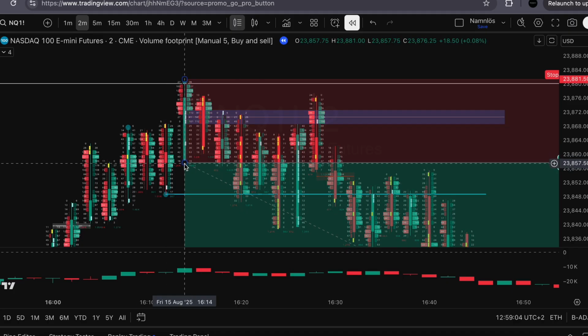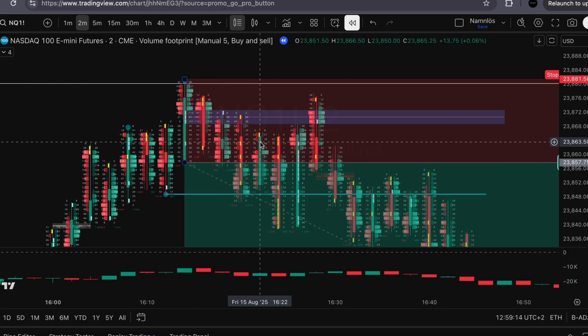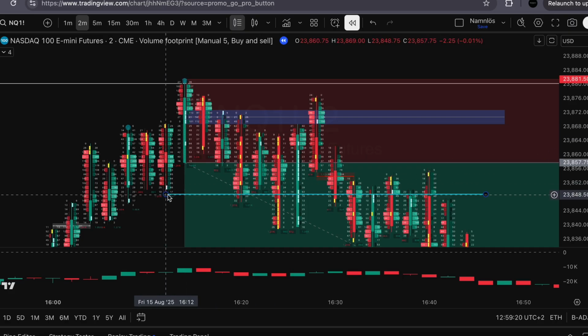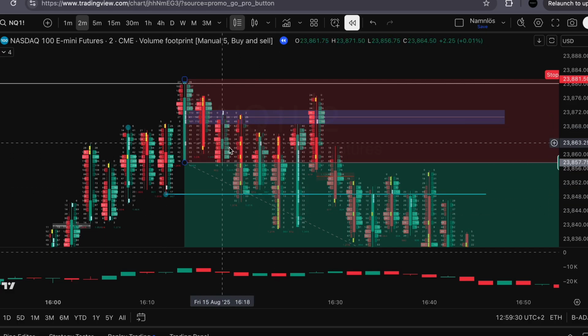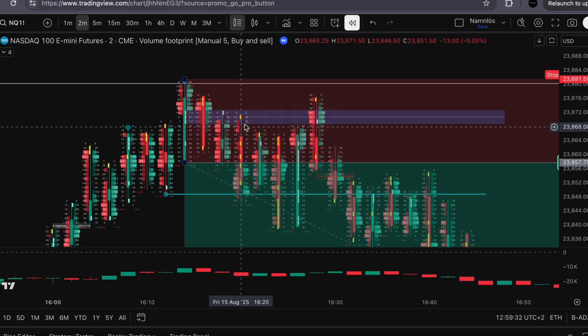When we broke this level, that 2-minute candle, on the retest I took my entry, and my stop loss was above this. But if I wanted more confirmation, I would wait for the price to break this low, that was the higher low, and look to trade any sign of weakness of the buyers here.